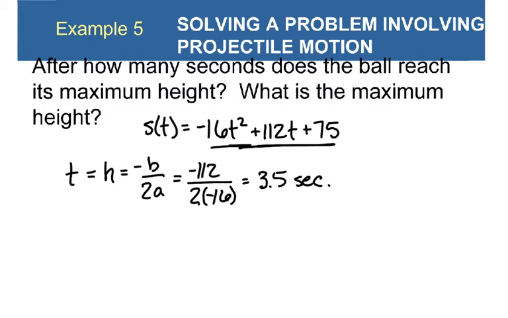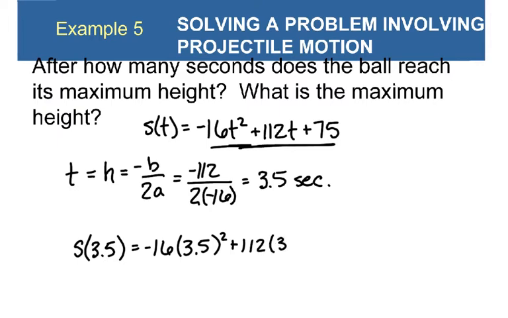And then once we find the time that's passed for the ball to reach its maximum height, we can take that time, the 3.5, plug it back into our function, and evaluate this. Once we evaluate it, that is going to give us our maximum height.